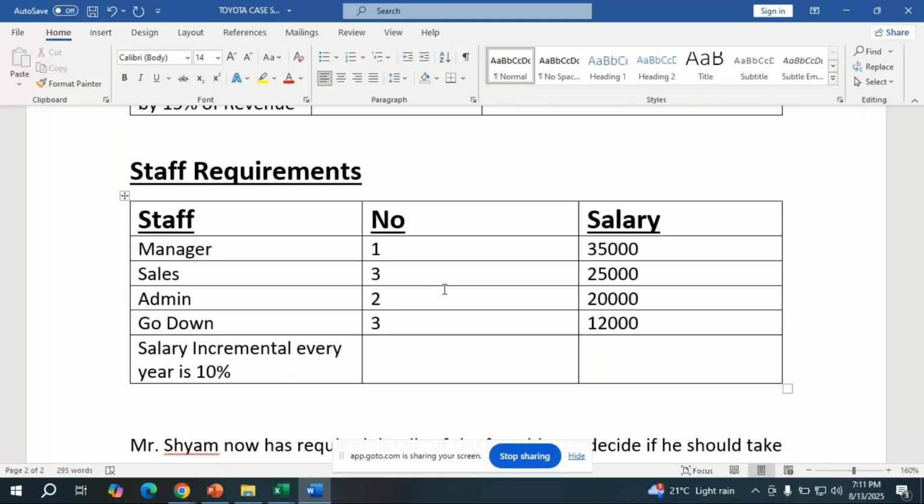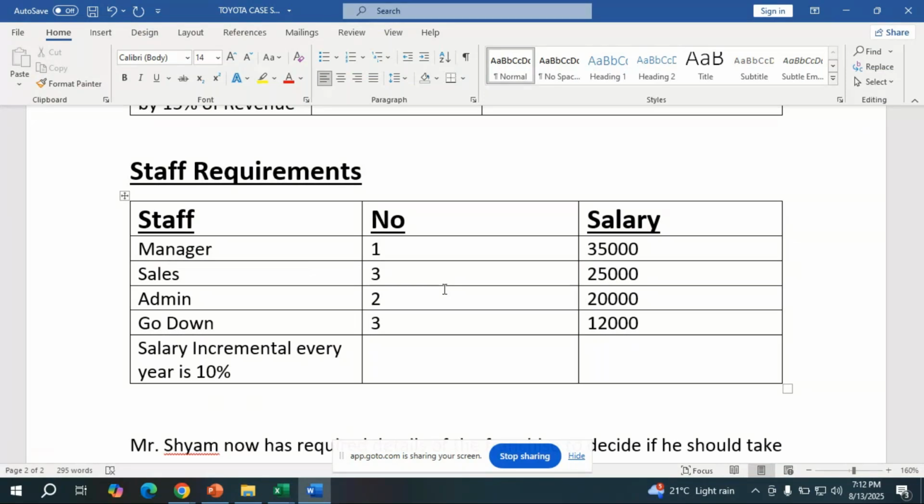Then three sales reps are required, and for each the salary is given as 25,000, and one admin post where two people are required, so the salary is given at 20,000 each. And for the go down, three people are required where the salary is 12,000 each. Every year the salary is increased by 10%.